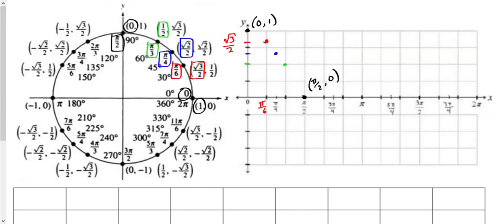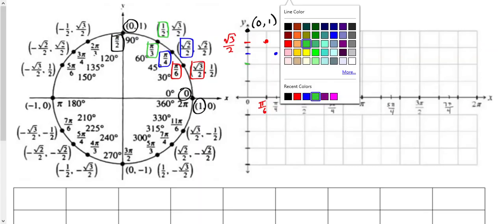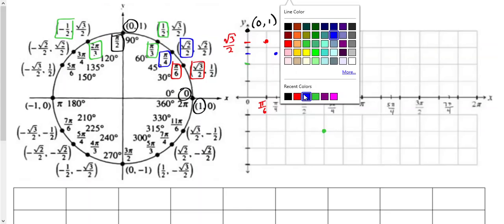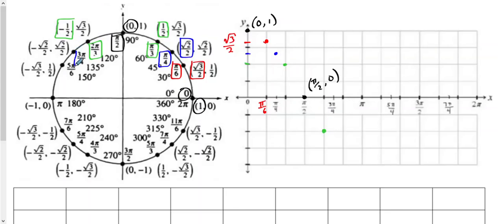Okay, so we will continue around the circle in a similar fashion. At the angle 2 pi over 3, our x-coordinate is negative 1/2, so we drop down to negative 1/2 right there. Then we've got 3 pi over 4 and negative root 2 over 2. We'll say it's around here.